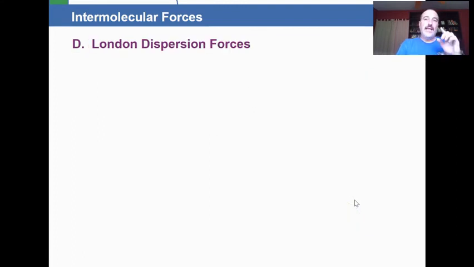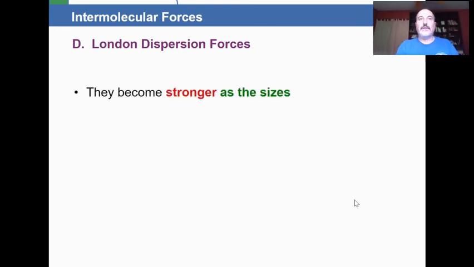Now, three things I want you to know about London dispersion forces. One, they are found in nonpolar molecules and in the noble gases, okay? Two, they're very, very weak compared to dipole-dipole attractions. And three, they get stronger the larger the molecule, okay? They become stronger as the size of atoms and molecules increase.